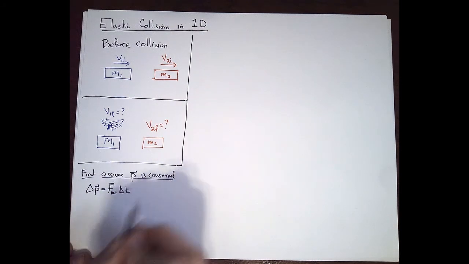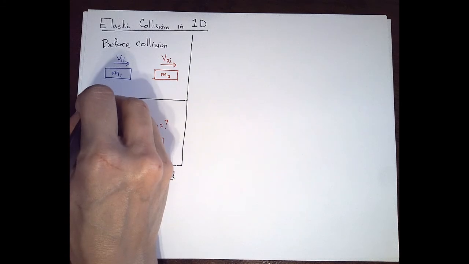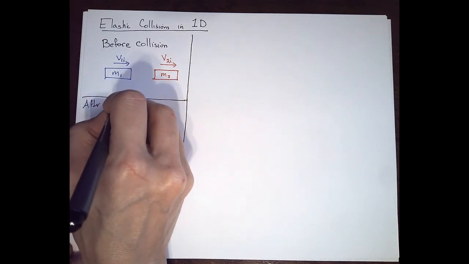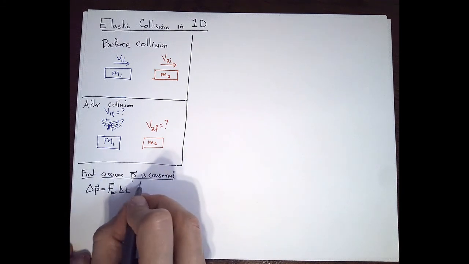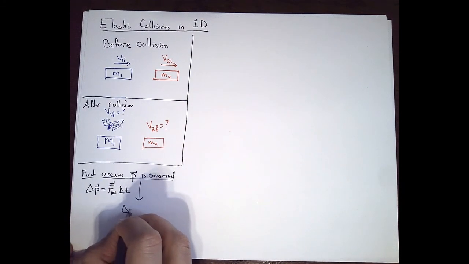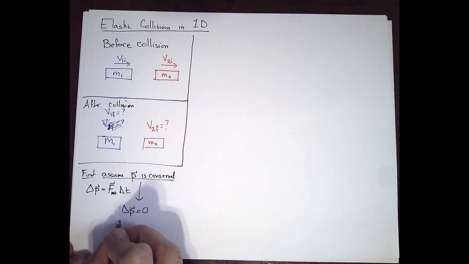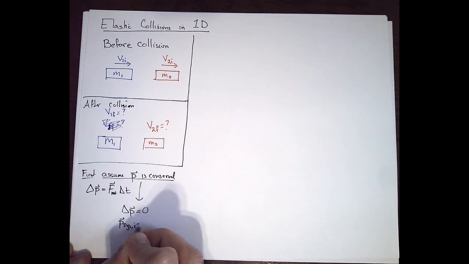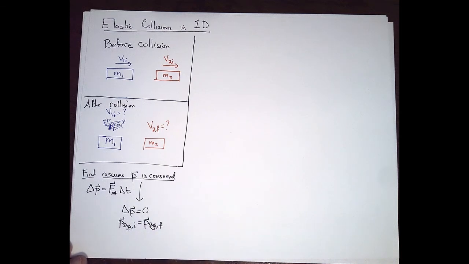We're going to assume the momentum is conserved. So after the collision, we're going to have the same momentum of the system that we've got before. So this means that the change in momentum is 0, so the momentum of the system initially before the collision is going to be the momentum of the system finally at the end.